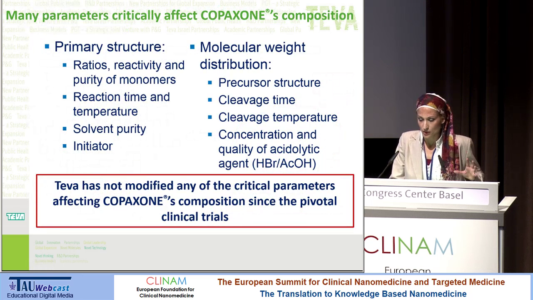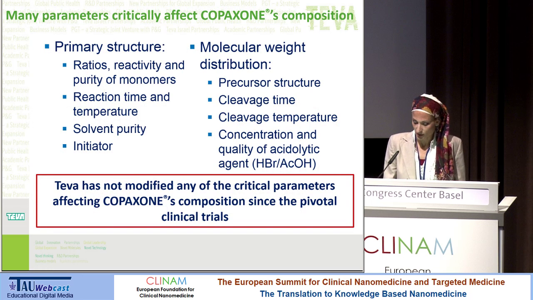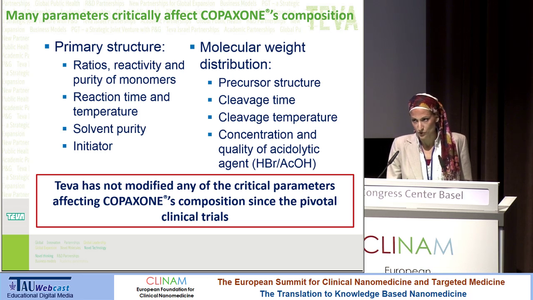I'm not going to go into great detail of all these factors that are mentioned here and others that are not, but each one of these stages is affected by a variety of different factors, potentially subtly changing the composition of the end product, which could lead to differences in the therapeutic effects.